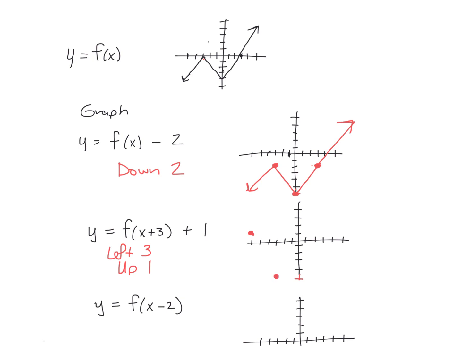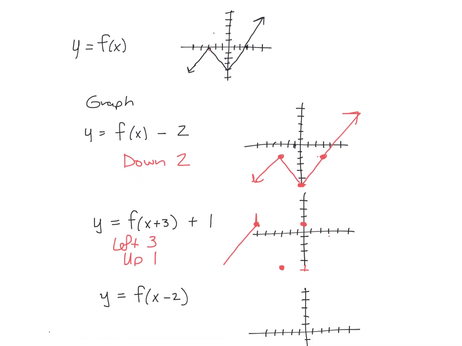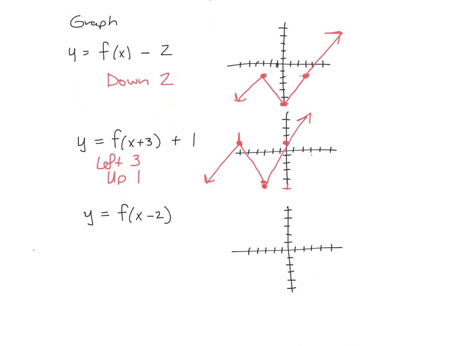And then the point 3, 0, left 3 would be 0, up 1, which would be right there. And then the shape of the graph would stay the same. And would look like this. Obviously the scale of my graph's not perfect, but the shape of the graph does not change.